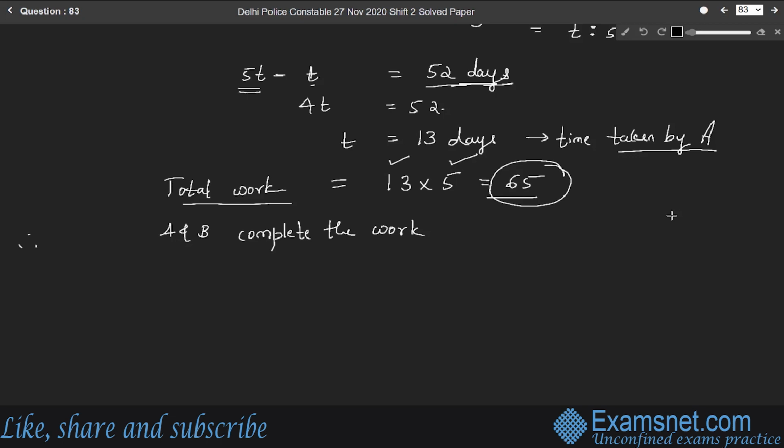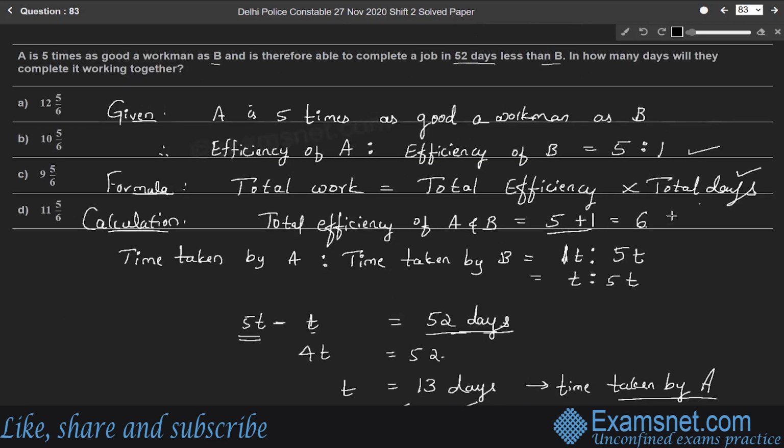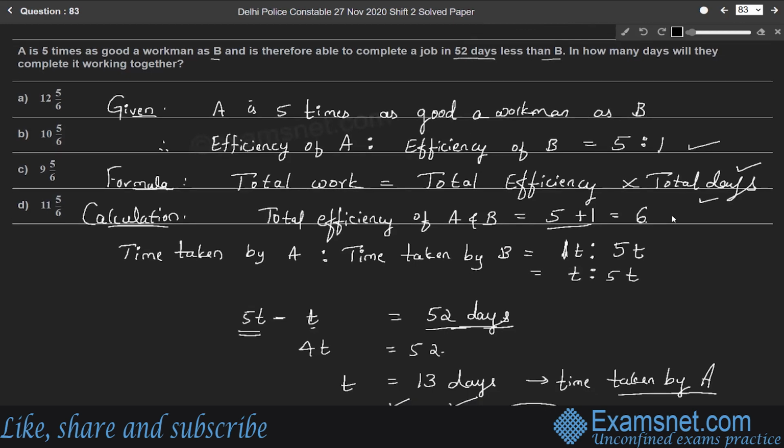Therefore, it has to be time taken by A and B to complete the work. According to the formula, total days is equal to total work divided by total efficiency.